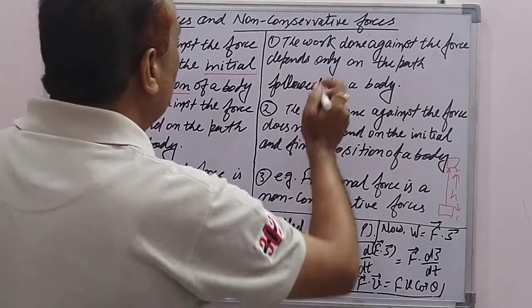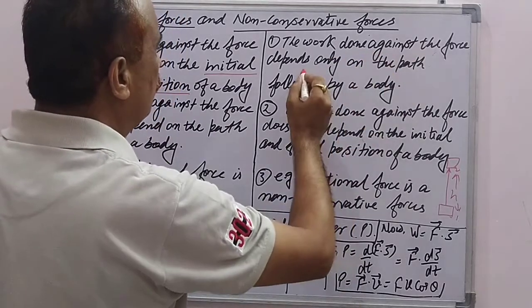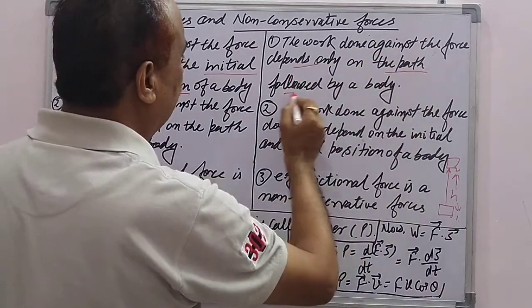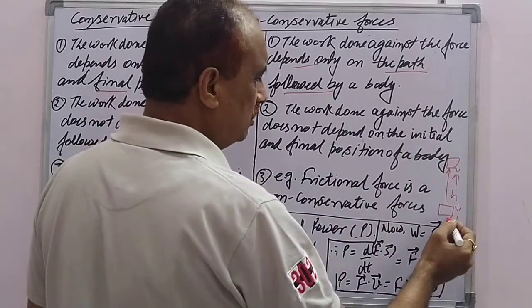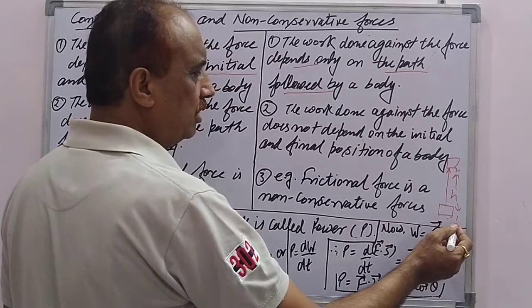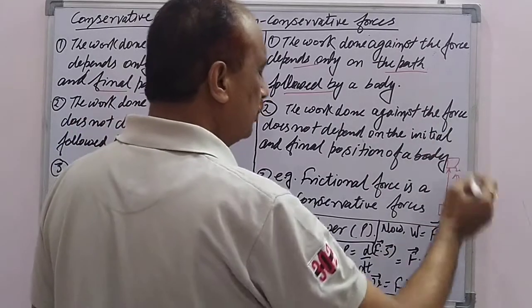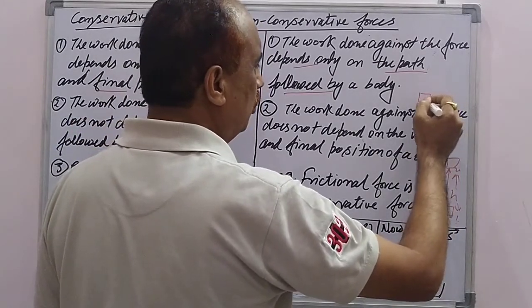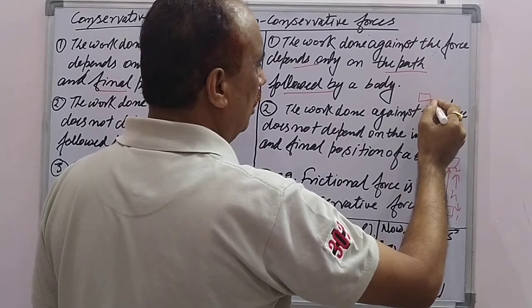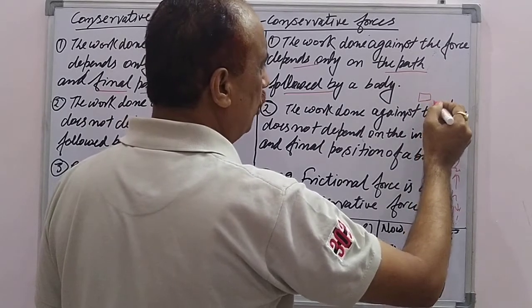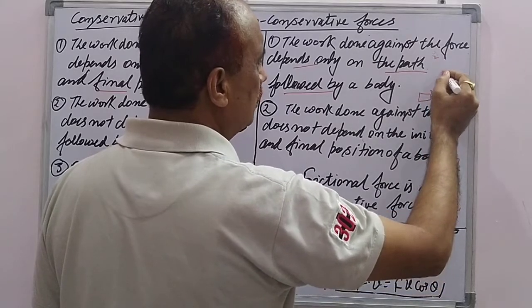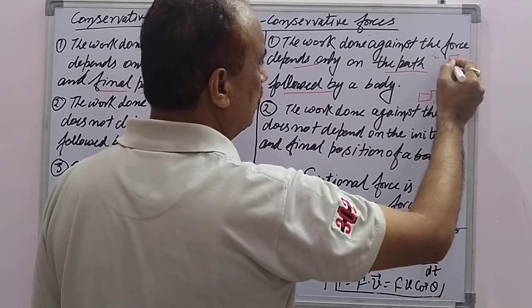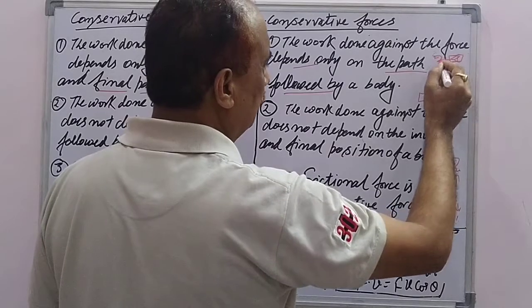Now, the work done against the force depends only on the path followed by the body. This is one way to pull the body from one position to the other position for the same height. Suppose this is the body, and it is displaced from point 1 to point 2 through the staircases like this, and when the body reaches here, it is at point number 2.